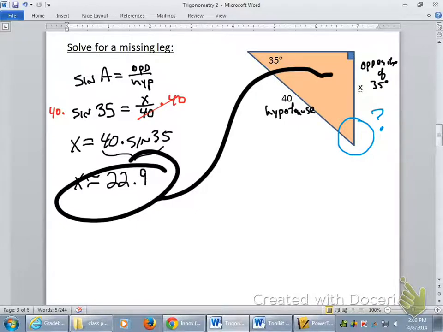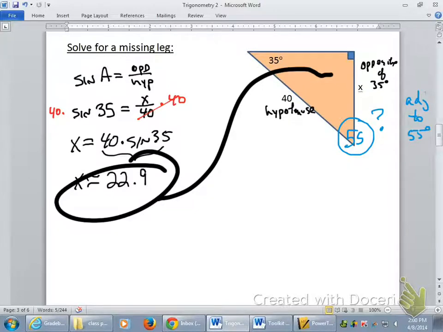Okay, good. You remember that the triangle has to equal 180, and since these two are complementary, you know that's 55. So, talk to me about x and 55 degrees. Okay, x is adjacent to 55 degrees, isn't it?